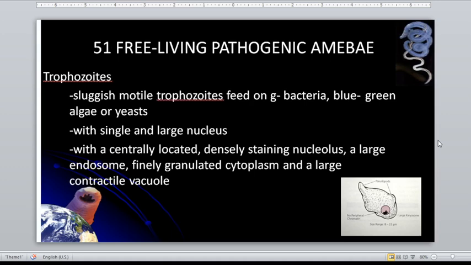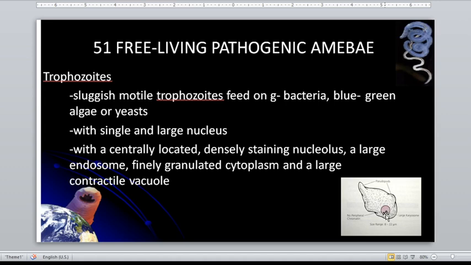The trophozoite of the Acanthamoeba has a large caryosome. I believe I discussed this in part 2 of our discussion, so I'll focus on the large caryosome that is eccentrically located.